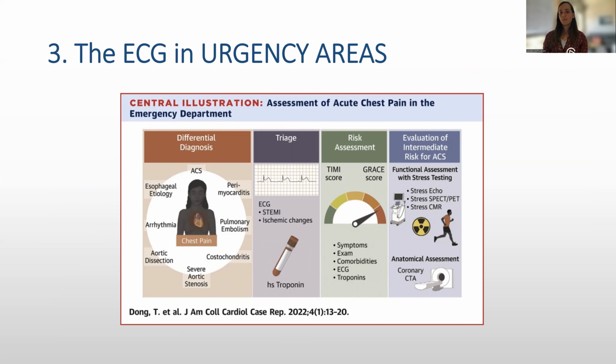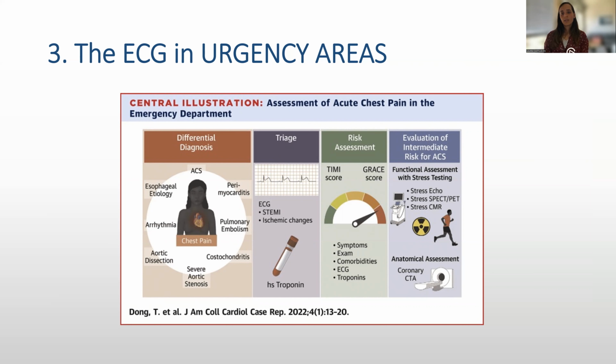So here we can see that in the urgency area, we normally distribute the emergency levels from 0 to 5. And 0 is high priority, and 5 is the lowest priority. When a patient arrives at the emergency room with chest pain, we call that a priority 2. So we would make a differential diagnosis, and within 10 minutes, it's very important to perform the electrocardiogram and have it interpreted by a specialist.